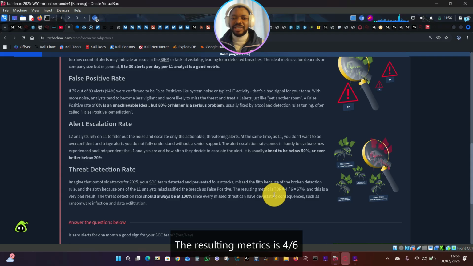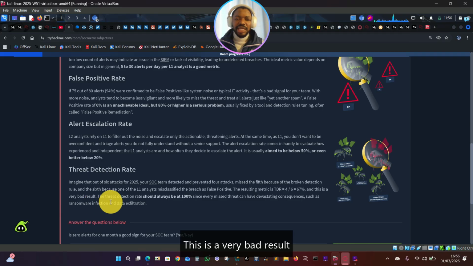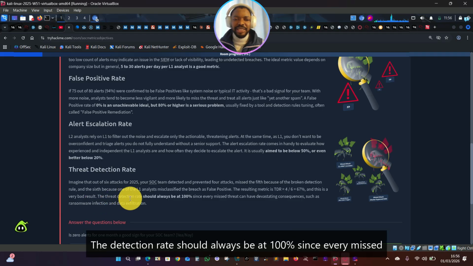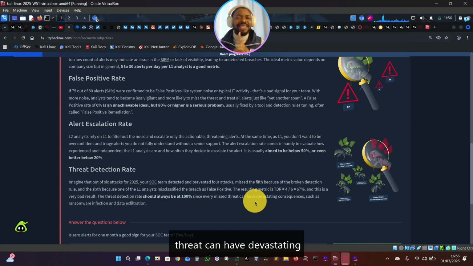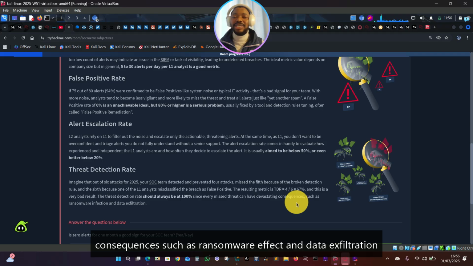The resulting metric is 4/6, which is 67%. This is a very bad result. The detection rate should always be 100%, since every missed threat can have devastating consequences, such as ransomware effects and data exfiltration.